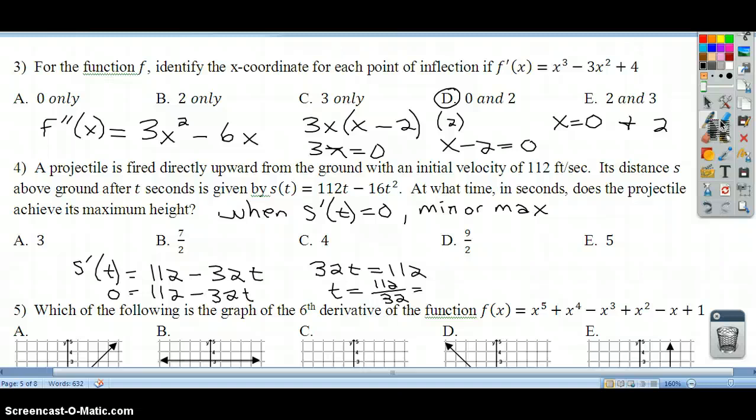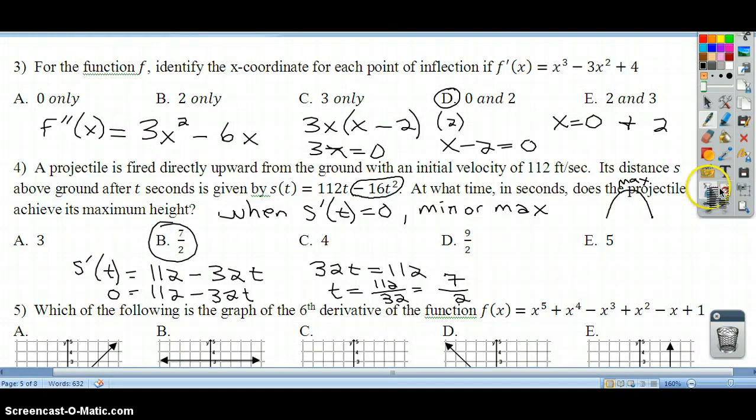And they're both divisible by 16. So 112 divided by 16 is 7. 32 divided by 16 is 2. So our maximum, we know it's a maximum, and we don't have to go check the second derivative for concavity, because when we see this, we should know that shape is going to be the upside down U, like this, and it has a max. Alright, so 7 halves.